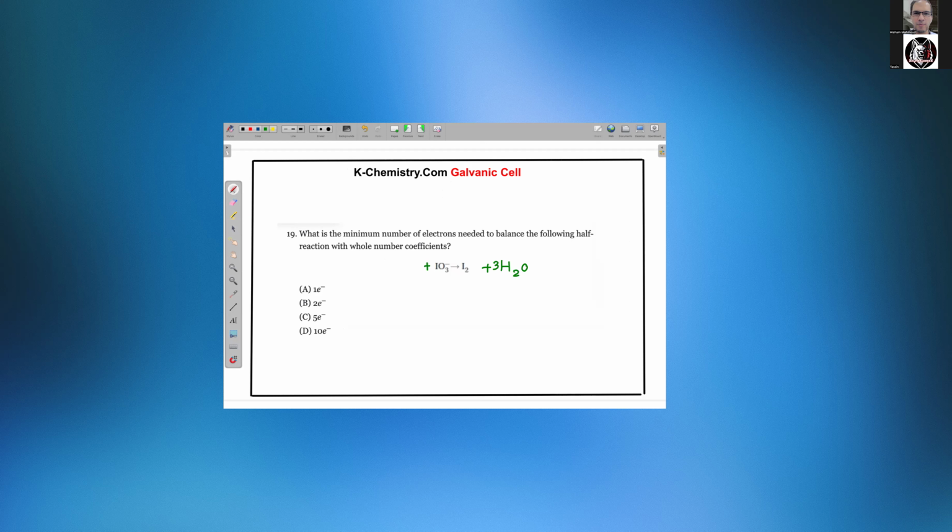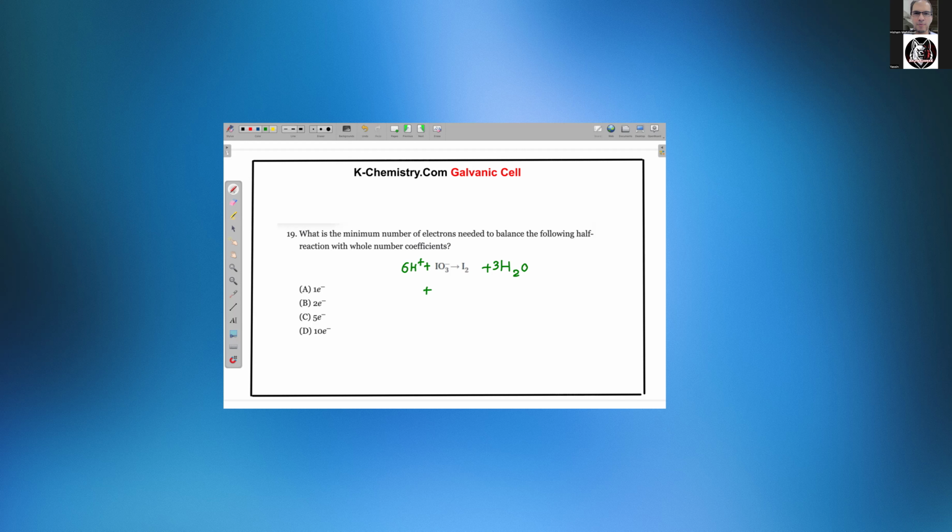And I have 6 hydrogens. And then electrons on the left and right. Why left and right? What is the charge on the left and what's the charge on the right? On the left, 5 electrons, yes, on the left side only.